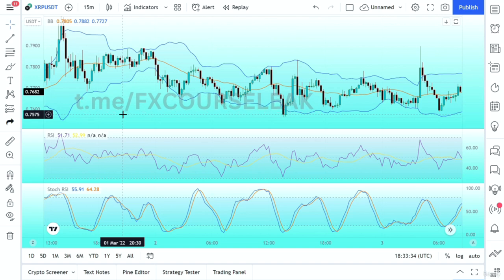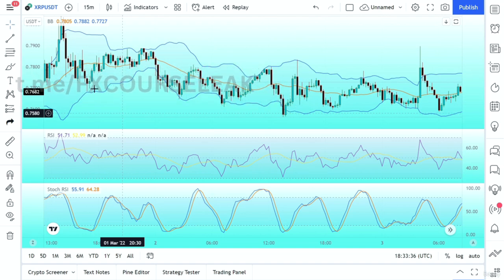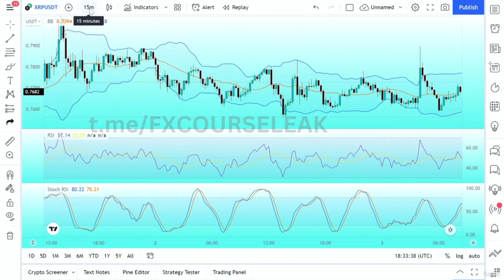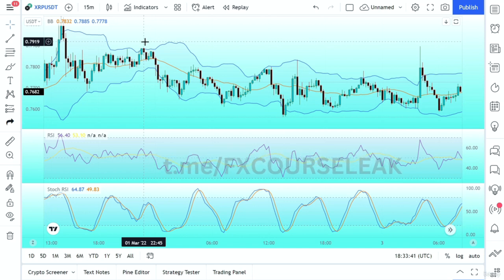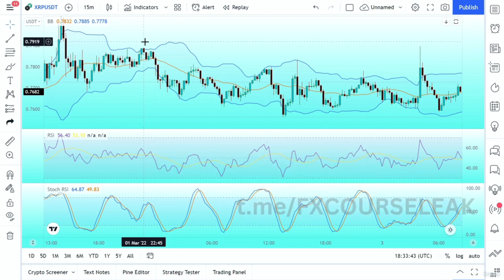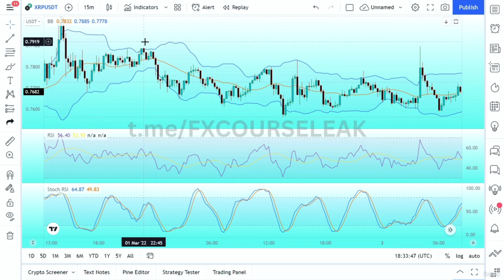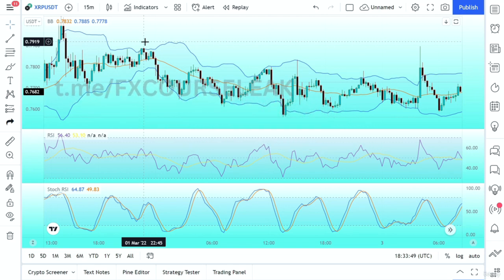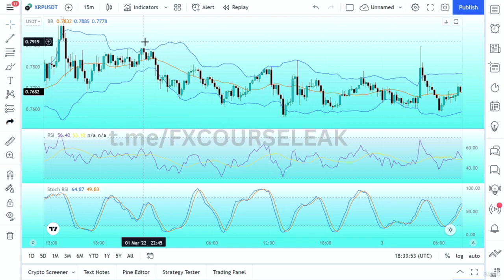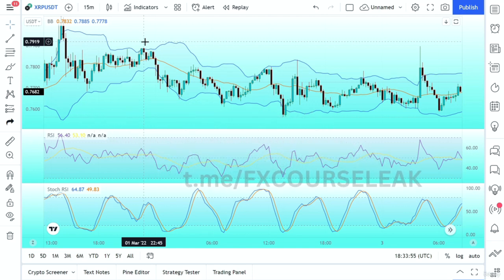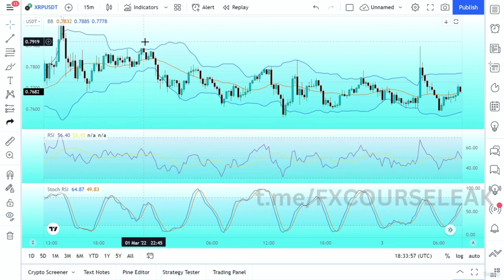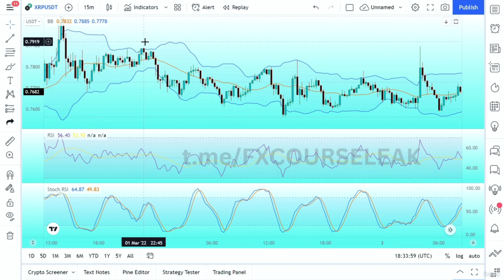Here I am on tradingview.com with an XRP USDT chart. The first rule is we will use three to four indicators: Bollinger Band, simple RSI, and stochastic RSI. Secondly, we will use this strategy only on the 1 to 15 minute charts. We can use it on 1 minute, 3 minute, 5 minute, 10 minute or 15 minute, but not more than 15 minutes.